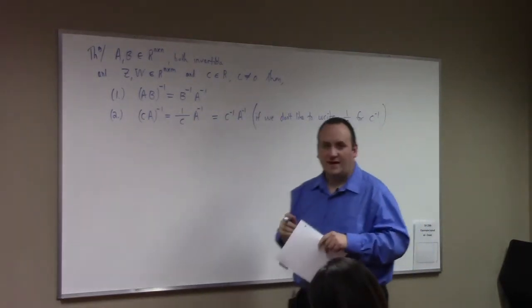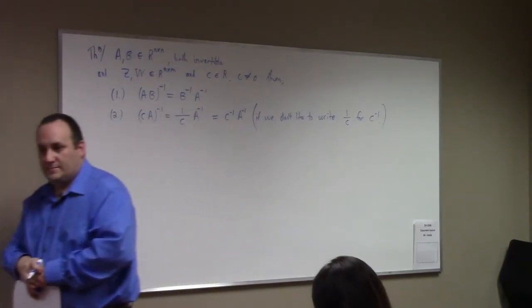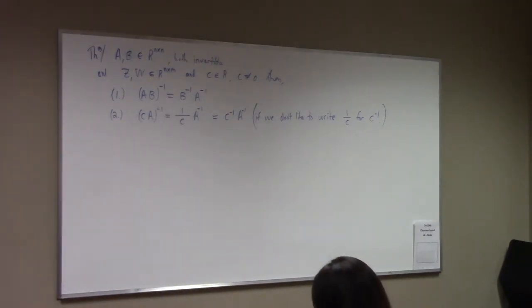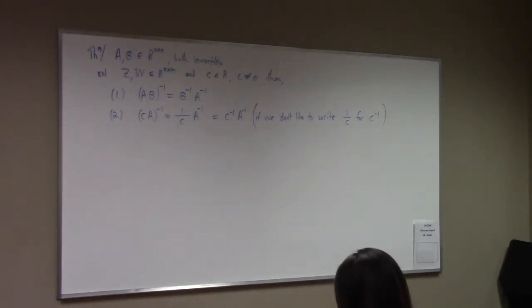What would the context there be? Suppose we're working in Z5. What's the multiplicative inverse of 2 in Z5? Well, it's 3. So in Z mod 5, 1/2 is 3.